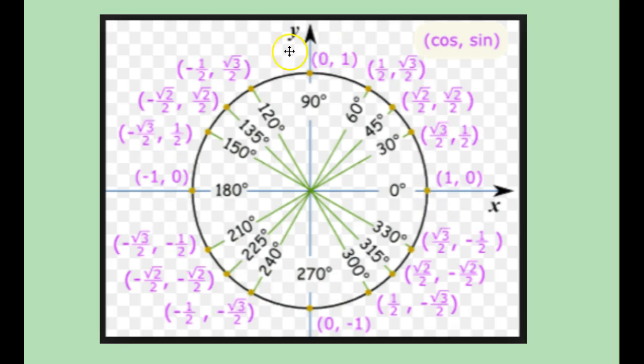These x and y values are all found using my special right triangles. Because I learned about 30-60-90 triangles and 45-45-90 triangles and the special side lengths of those, and that's what helps me find these points on my unit circle. And I know that the cosine in my unit circle is going to be my x value, and the sine is going to be my y value. So this can help us a lot when we're evaluating.